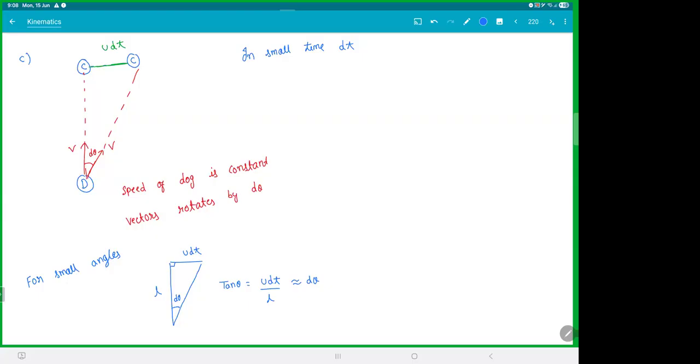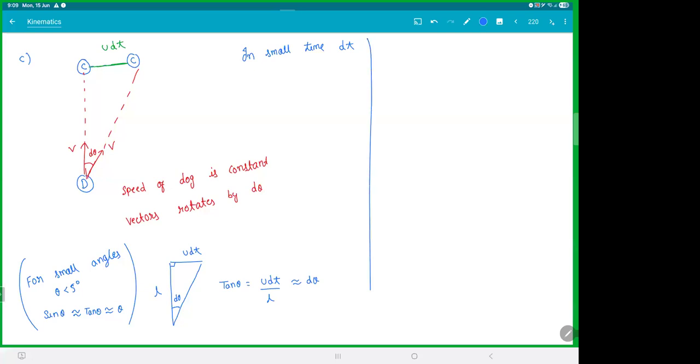For very small angles, theta less than 5 degrees, you can write sine theta is approximately equal to tan theta, approximately equal to theta. So for small angles, you can do that, right? If I had to give you a little more on that, I'll show it on the next page, but remember that. So we can do that approximation.